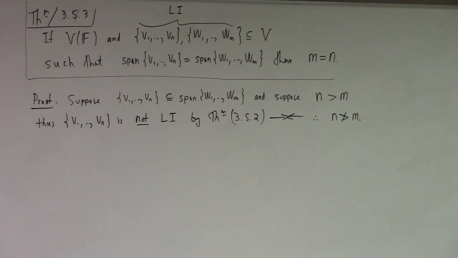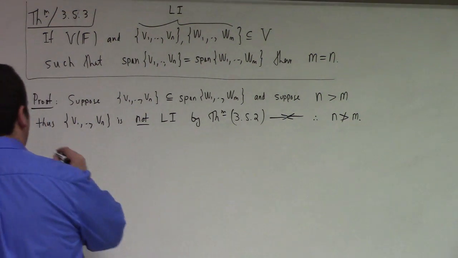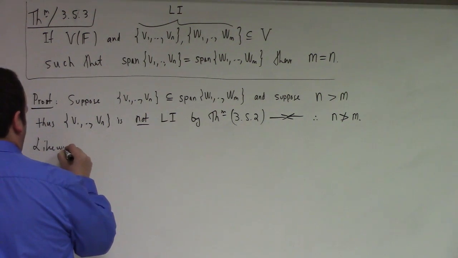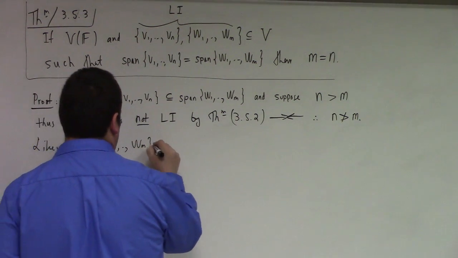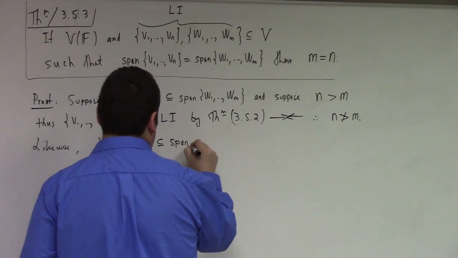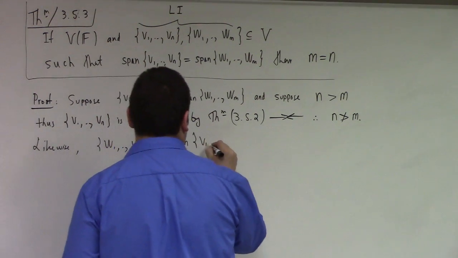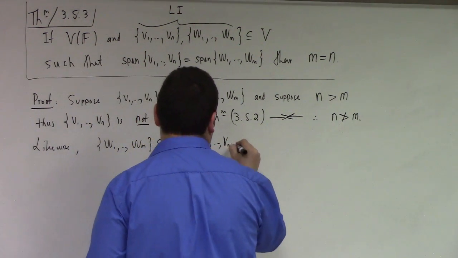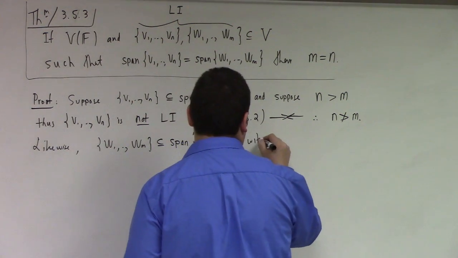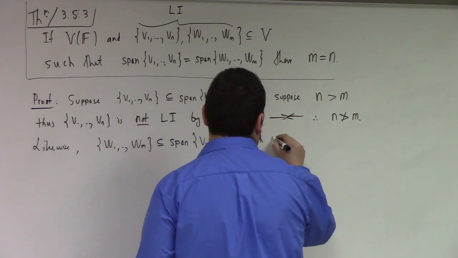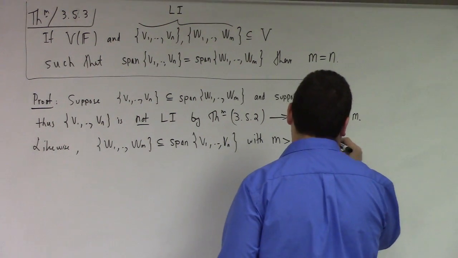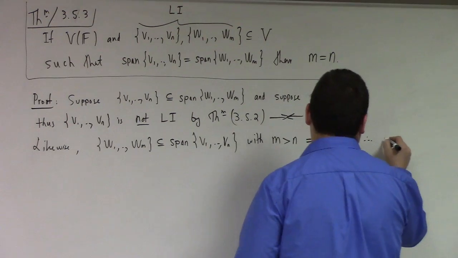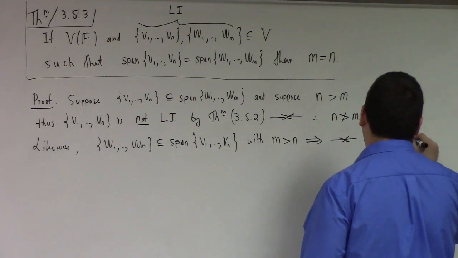How are we going to get the other inequality? Likewise, W1 through Wm is a subset of the span of V1 through Vn with m greater than n implies a very similar contradiction, so therefore n is not less than m.